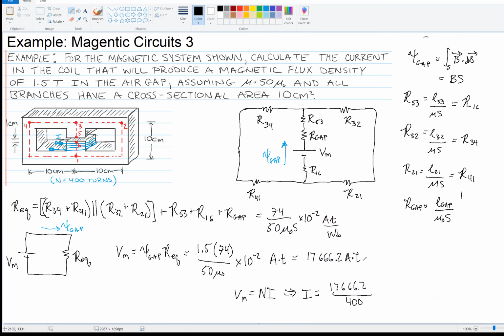And you can see that with the units very clearly. The numerator was amp turns, and then if I divide by the number of turns, 400, then I get amps. That's cool too. It's neat. And then so I get 44.2 amps. And that is the amount of current that this thing needs to have.